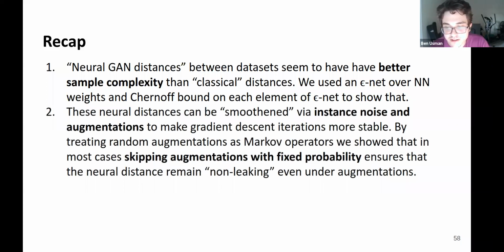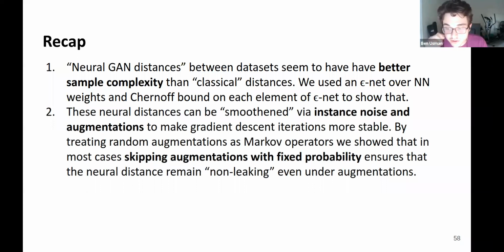Then we talked about how random image augmentations can help us make training GANs easier, and argued that if the corresponding Markov operators on image distributions keep different distributions different, then these augmentations will not leak into the generator, and showed that for most augmentations, just skipping it with fixed probability guarantees that the augmentation won't leak.